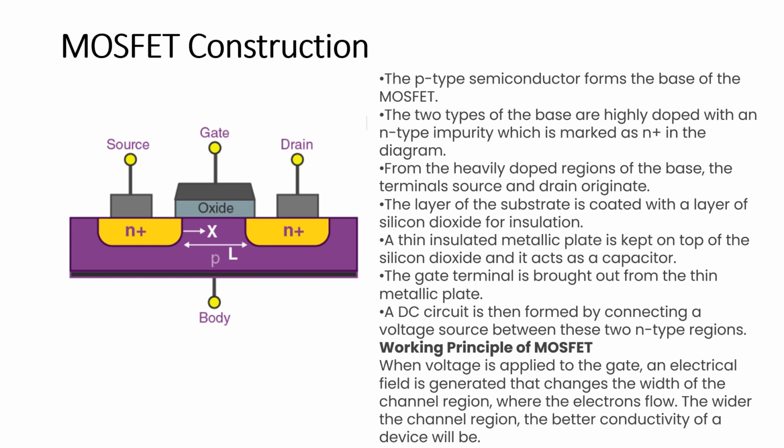It depends on the voltage applied to the gate. When a voltage is applied to the gate, an electrical field is generated that changes the width of the channel region where the electrons start flowing. So the wider the channel region, the better the conductivity of the device.